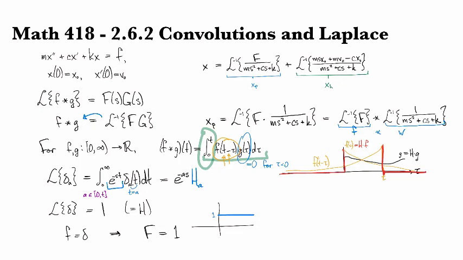Okay, and so that means that if I go back to the original example that we were looking at, and we have that f is equal to the Dirac delta, then our corresponding particular solution is going to be Laplace inverse of, and then my numerator is just 1 over ms squared plus cs plus k.